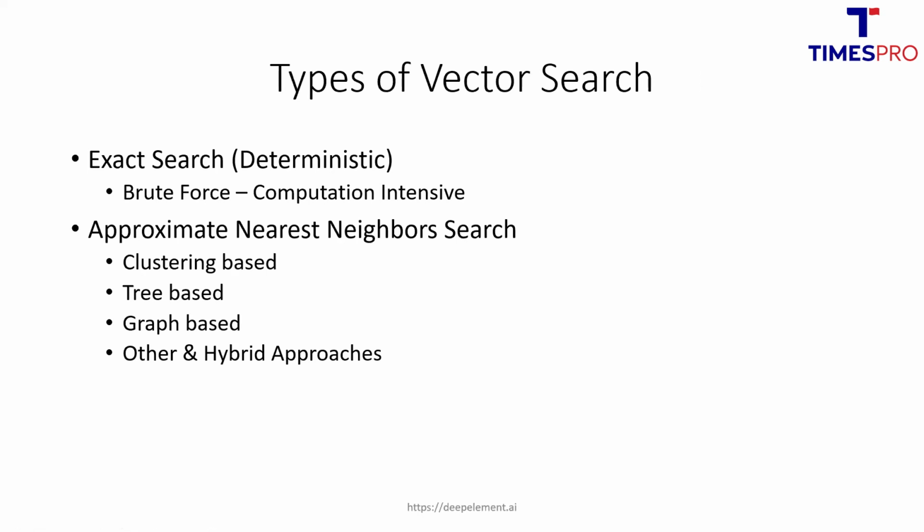Before we get into the specifics of algorithms, I want to mention that vector search can be broadly classified into two types. One is exact search, which is deterministic in nature. The other is approximate nearest neighbor search, which is somewhat probabilistic in nature. In exact search, we want a recall of 100%.